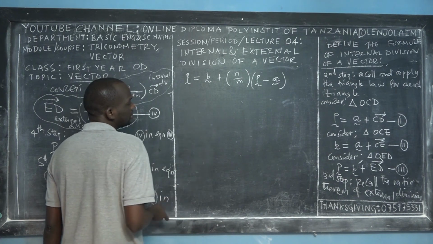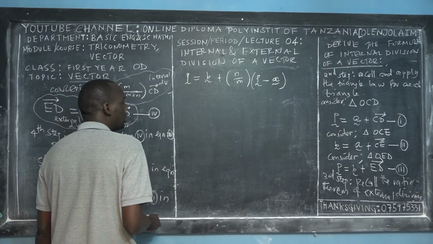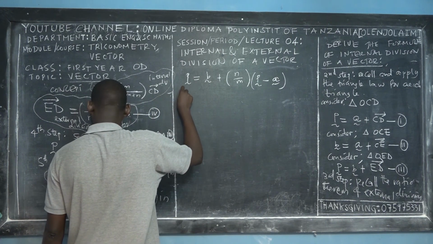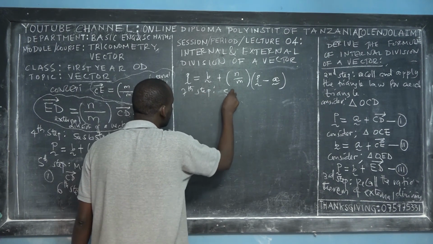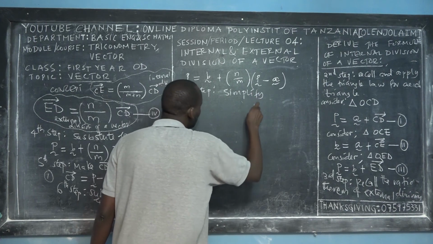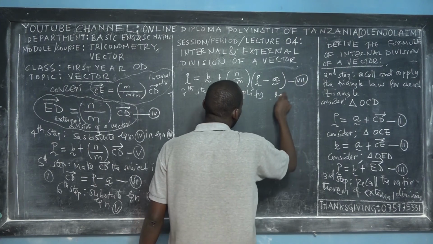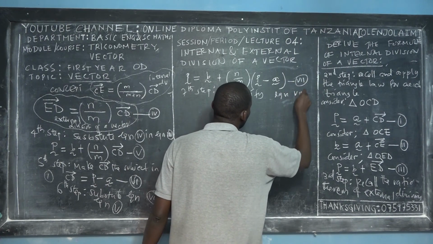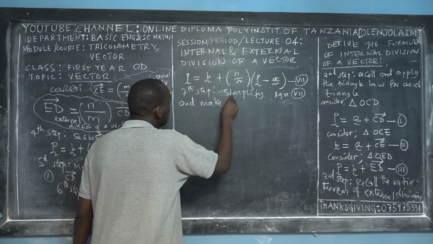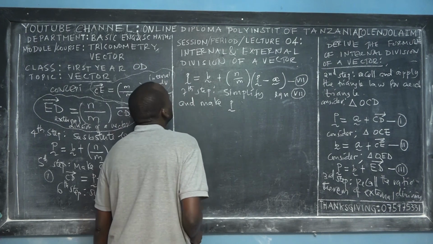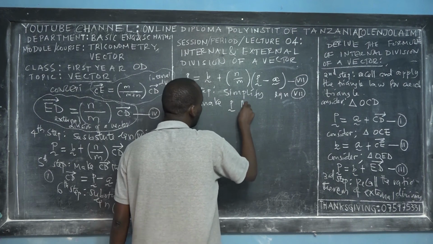So then we say that the next step, we have now positional vector and ratio values. So we go for the 7th step. We say that simplify equation 7, and make resultant vector P, which is a positional vector that divides vector AB, the subject.